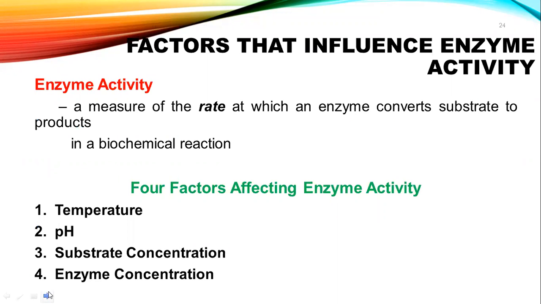So for enzyme activity, the enzyme can be measured by its enzyme activity, which is the capability of an enzyme. We call that enzyme activity. It's a measure of the rate at which the enzyme converts substrate to products in a biochemical reaction.